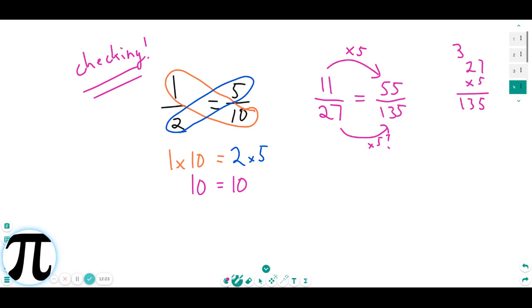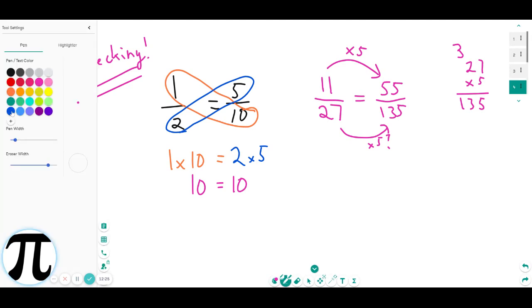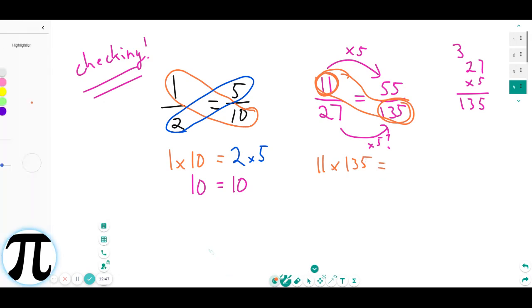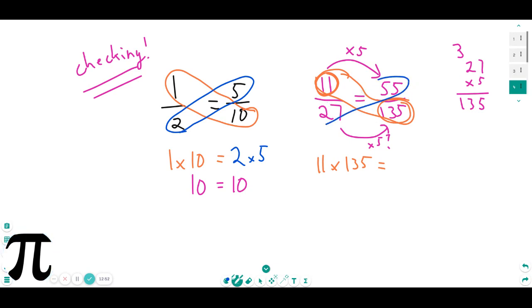Yeah, that's one way. Another way of checking, and with bigger numbers you get to use a calculator. So let's start again with our orange. The two numbers that are diagonally opposite: one fraction's numerator times the other fraction's denominator should equal the other fraction's numerator times the first fraction's denominator. Again, there are your butterfly wings in orange and blue.